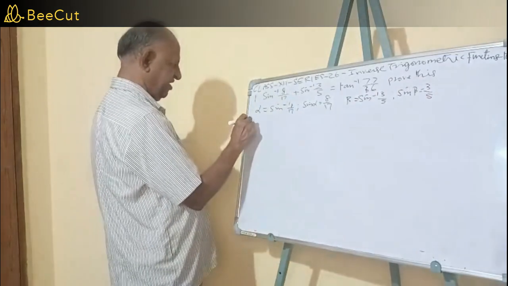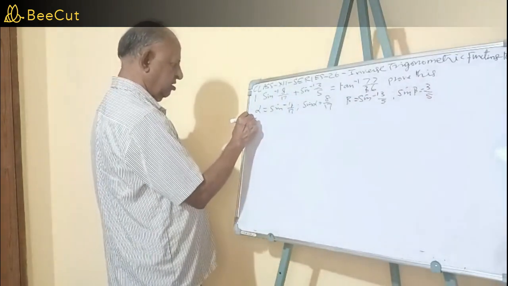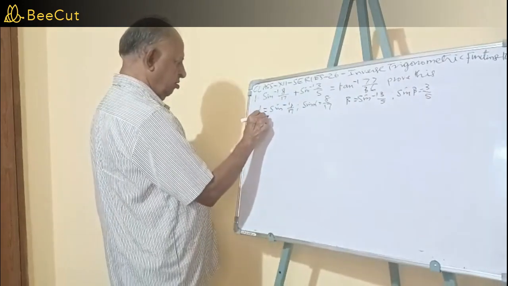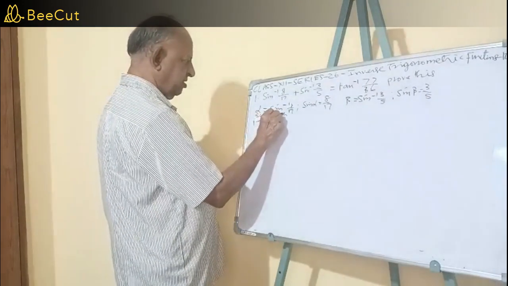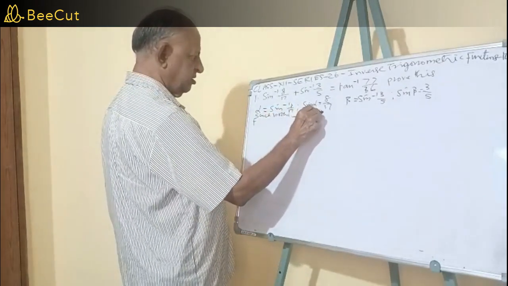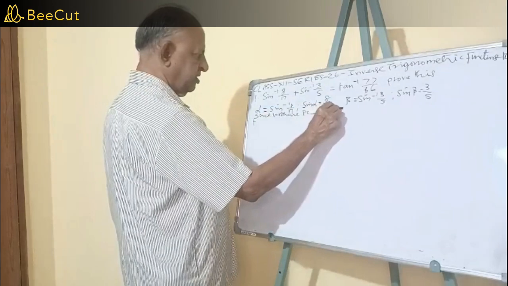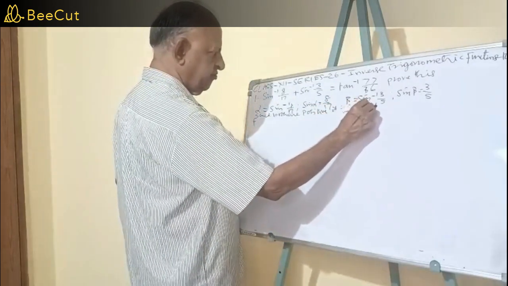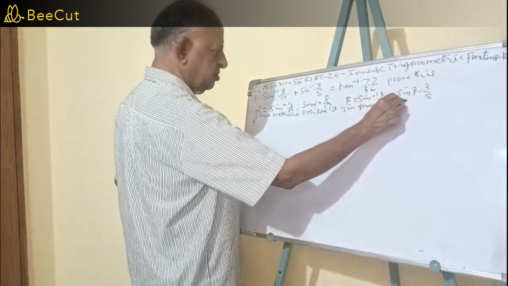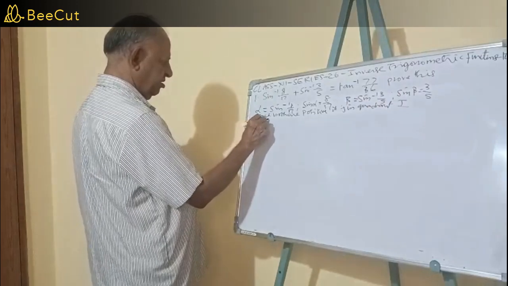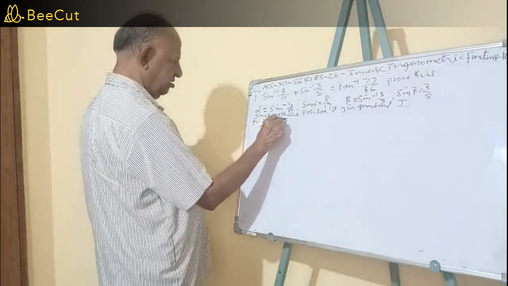Now, since both are positive, it is in quadrant 1. Now find cos alpha and cos beta.